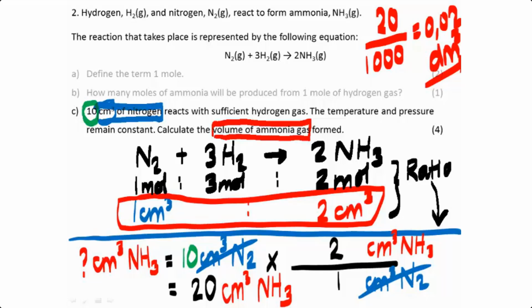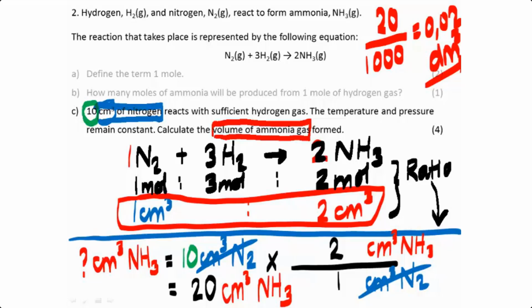Why? Because always a volume reaction ratio is the same numerically as a mole reaction ratio. And for this equation, the mole reaction ratio is 1 is to 2 for nitrogen is to ammonia. And therefore the volume is also 1 is to 2.